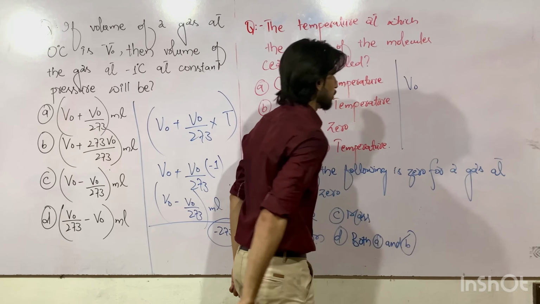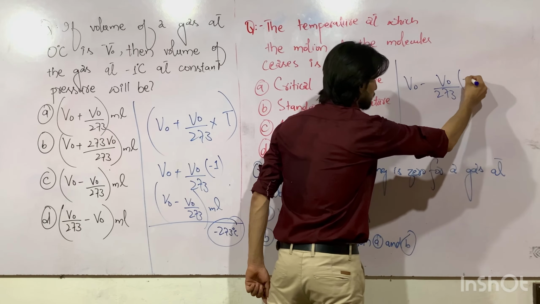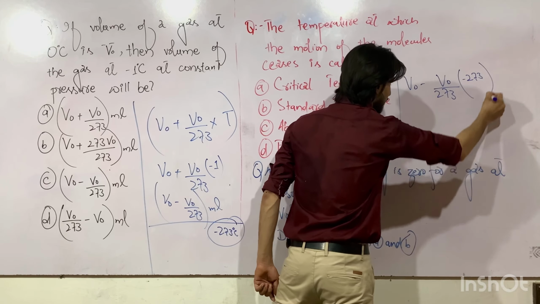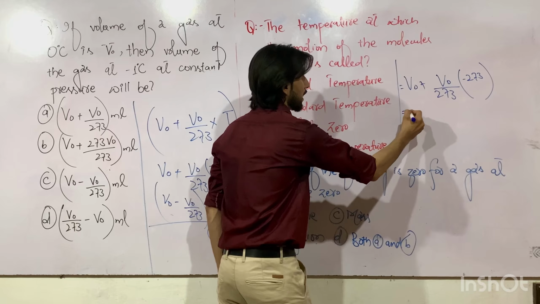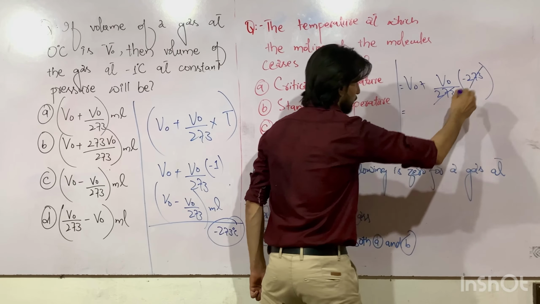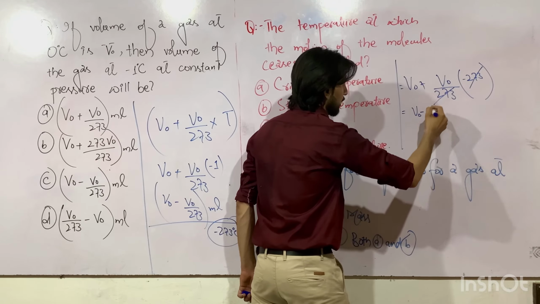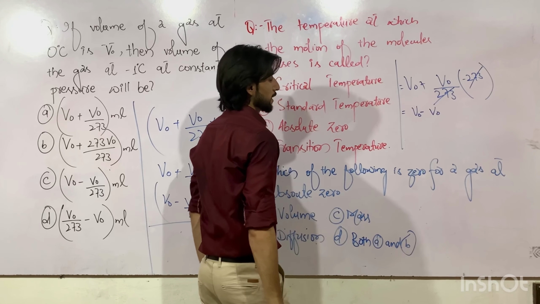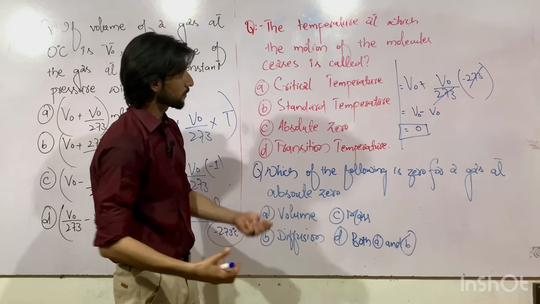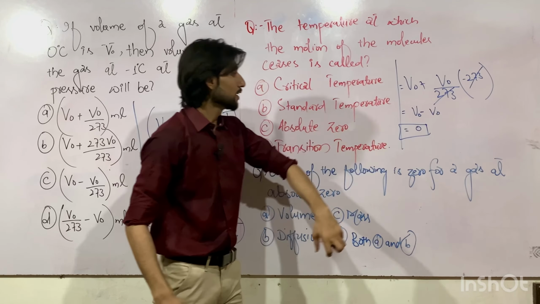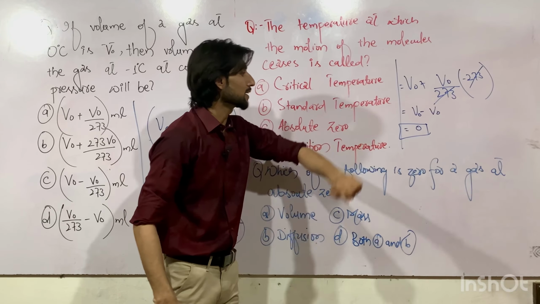Suppose my initial volume was V naught, and this will remain V naught over 273 into minus 273, because I changed the temperature to minus 273. 273 cancels out with 273, and minus multiplied with plus will get us minus. So in the end we will get V naught minus V naught, which is 0. So this means that even though I had some initial volume of V naught, the volume now vanishes. At minus 273, the volume becomes 0.